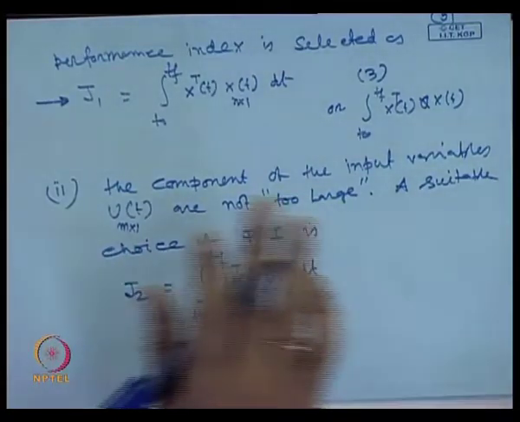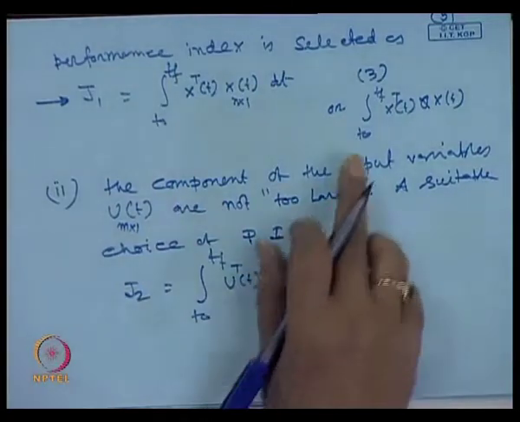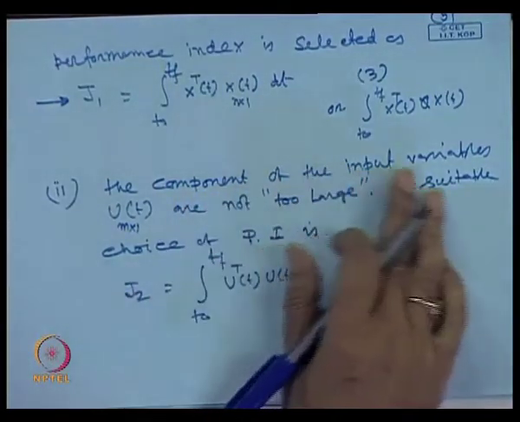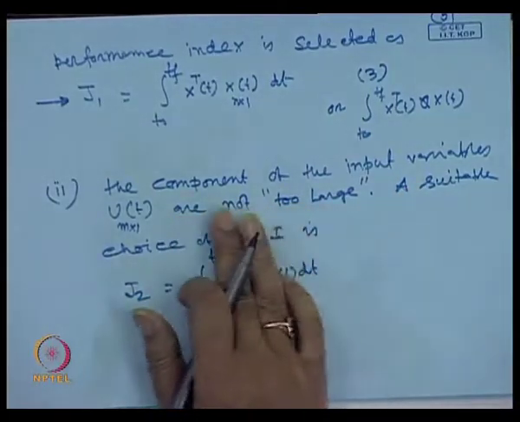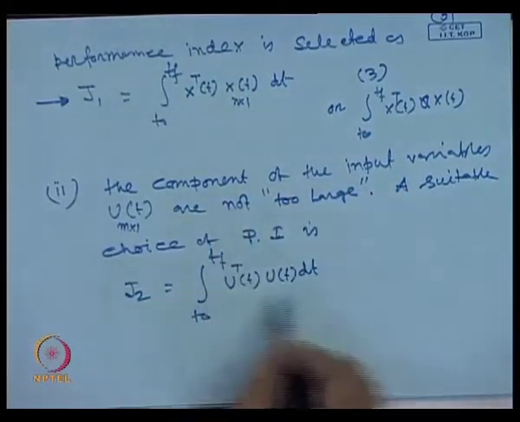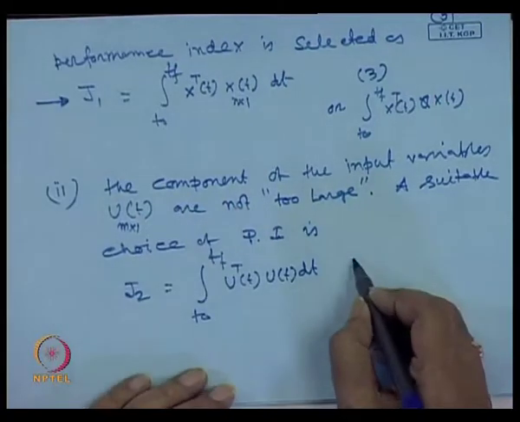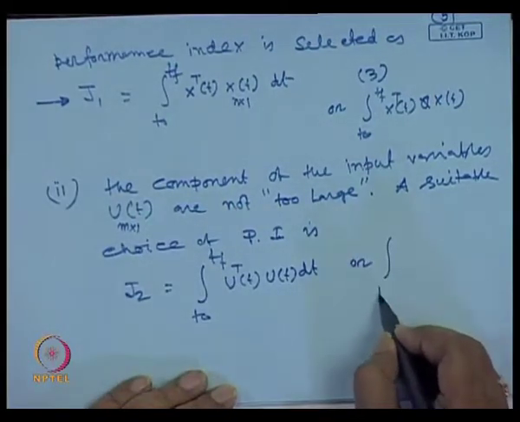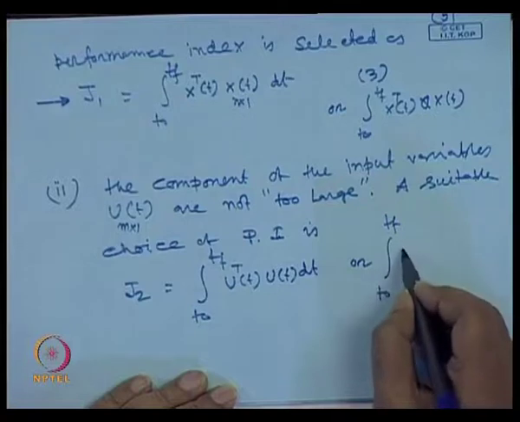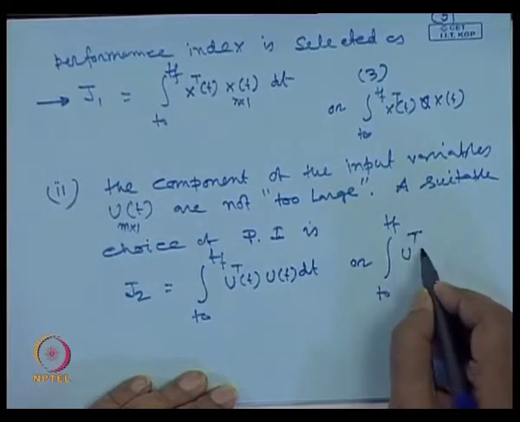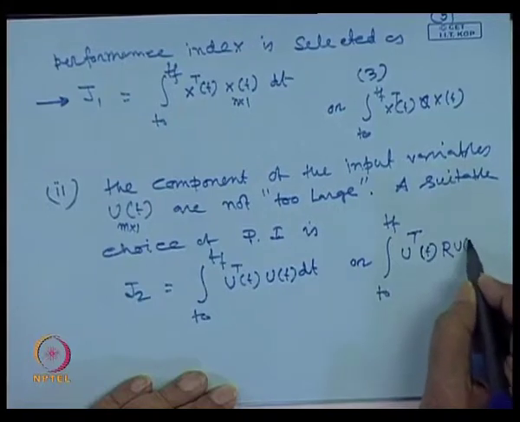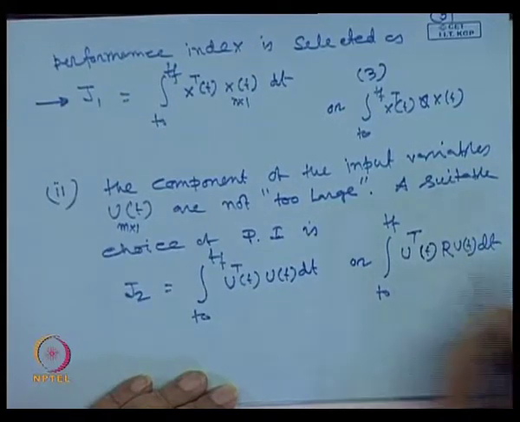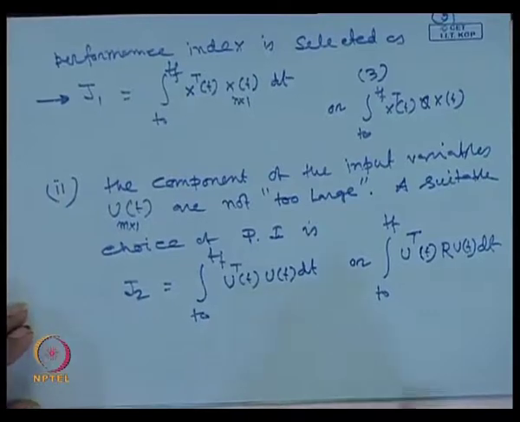to achieve our objectives. Our objective in this case is to make each input variable not too large. Or one can select the integral from t0 to tf of u transpose giving some weightage on u of t dt; this may also be our choice of performance index.